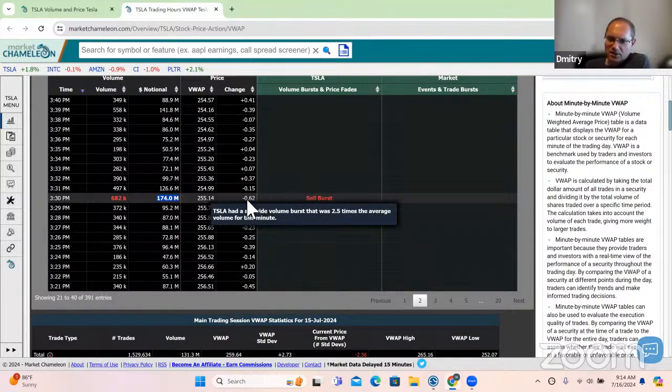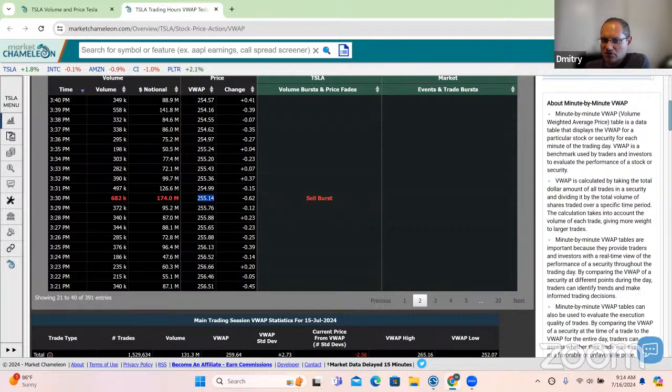And during that minute, right at 3:30, we see it traded for a VWAP price of $255.14. So the VWAP is the volume weighted average price.